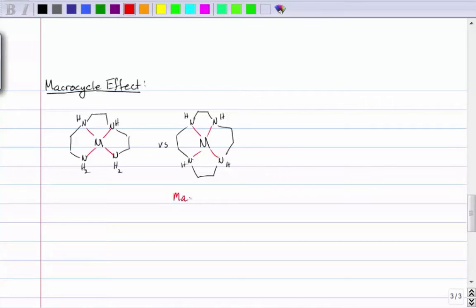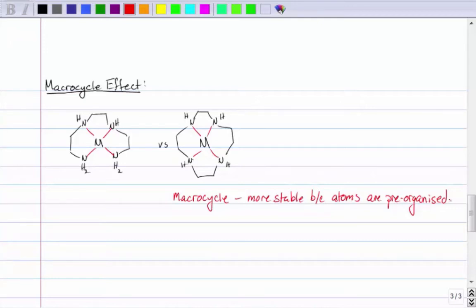This is a macrocycle. A macrocycle is normally more stable than an open chain ligand because the atoms are already pre-organized in a coordination geometry that is going to bind a metal ion. So macrocycles will always be more stable as complexes than an analogous ligand that is not a macrocycle. So this one's more stable. That's what the macrocycle effect is.